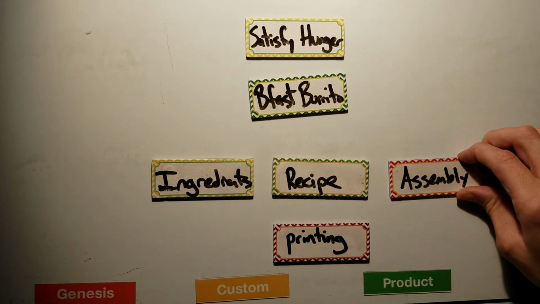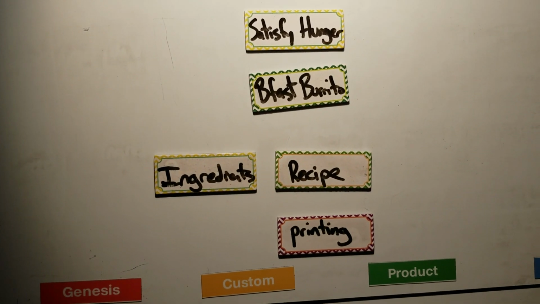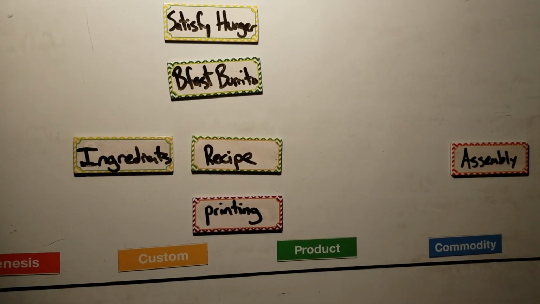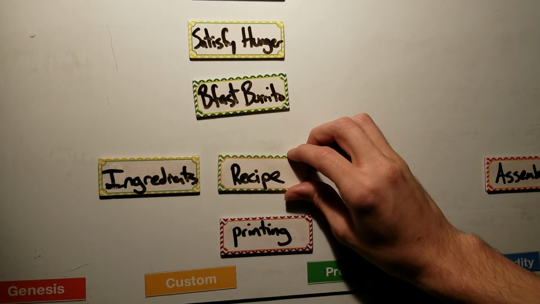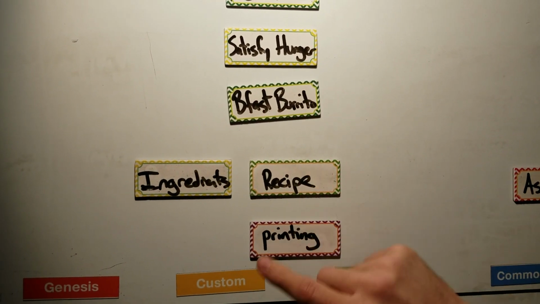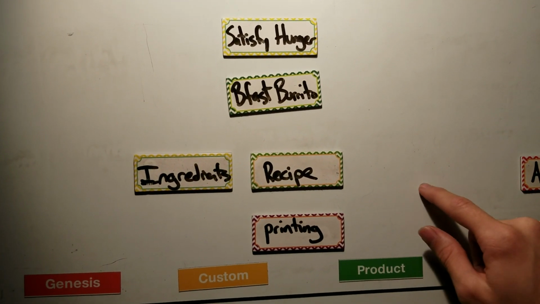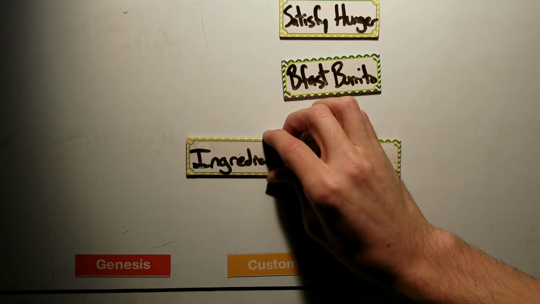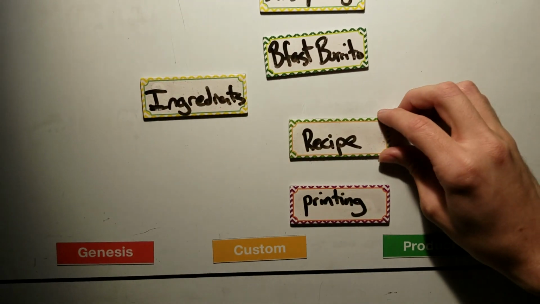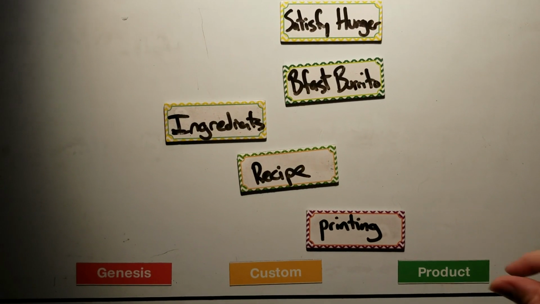Assembly for burritos is something that is standard and expected. No burrito company can get away with not providing assembly of burritos. Recipe might be custom. There are probably some burrito recipe products out there. But let's say that in this situation, we have a very special recipe that nobody else knows about. So we'll move that into custom.